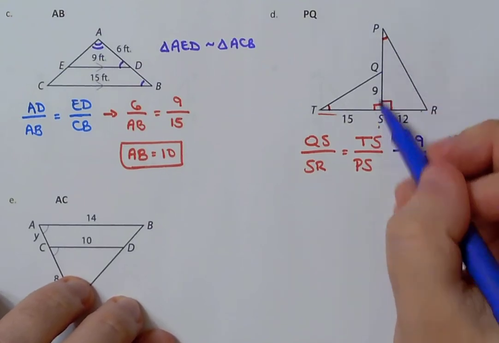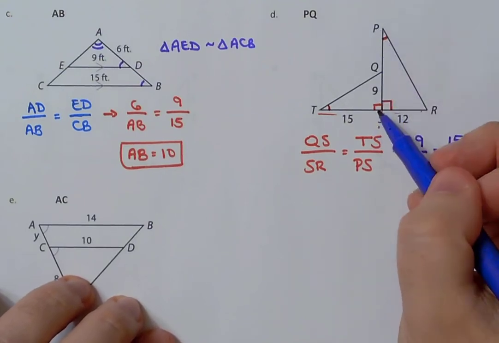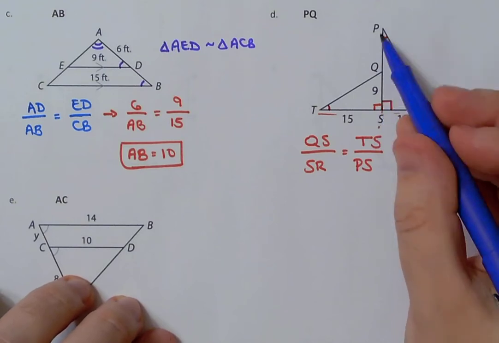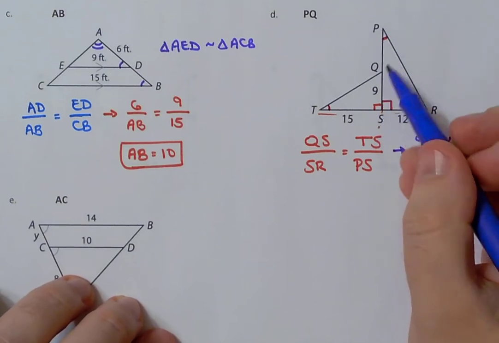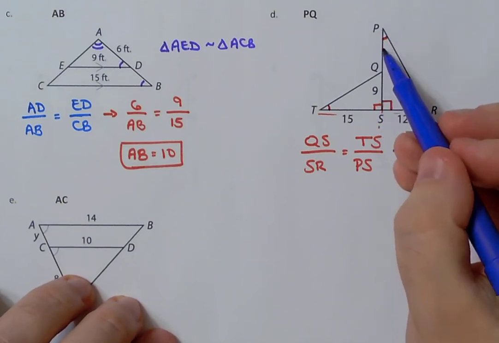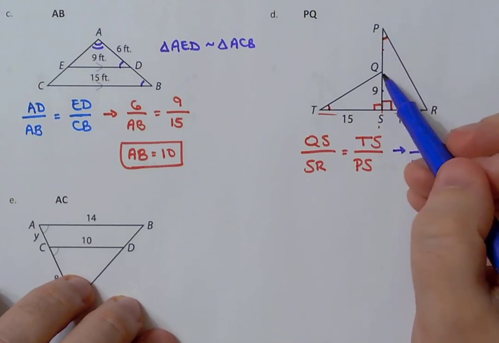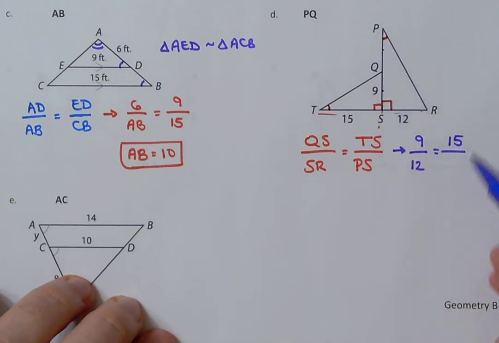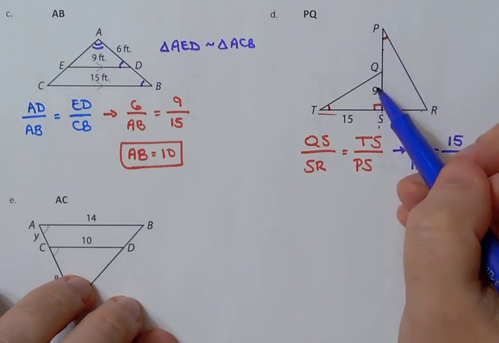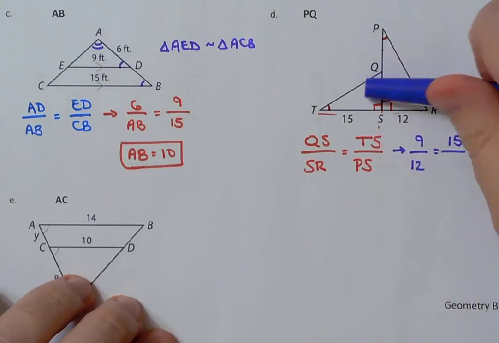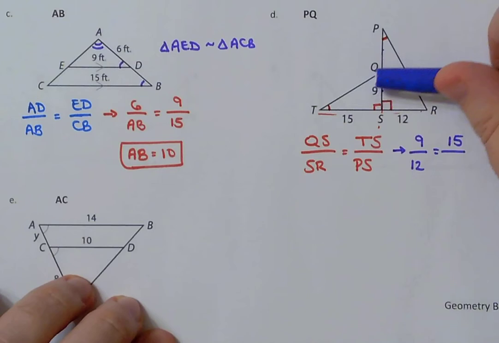So I'm going to figure out the whole length of PS first. Once I've figured out this entire length, if I know that PS equals PQ plus QS, this whole thing, that means all I have to do is take whatever I figure out for PS and subtract 9, because that's going to take that part away and just leave me with PQ.